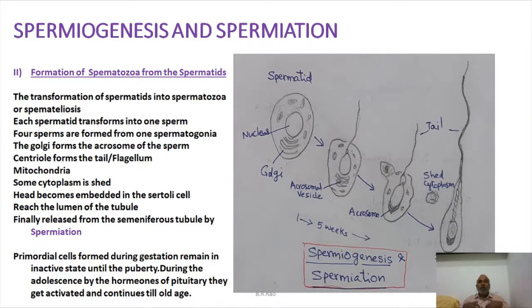Whenever a boy reaches the age of puberty, the onset of sexual maturity occurs. By that time, these primordial germ cells remain calm. Later, after puberty, they will be activated by the hormones.